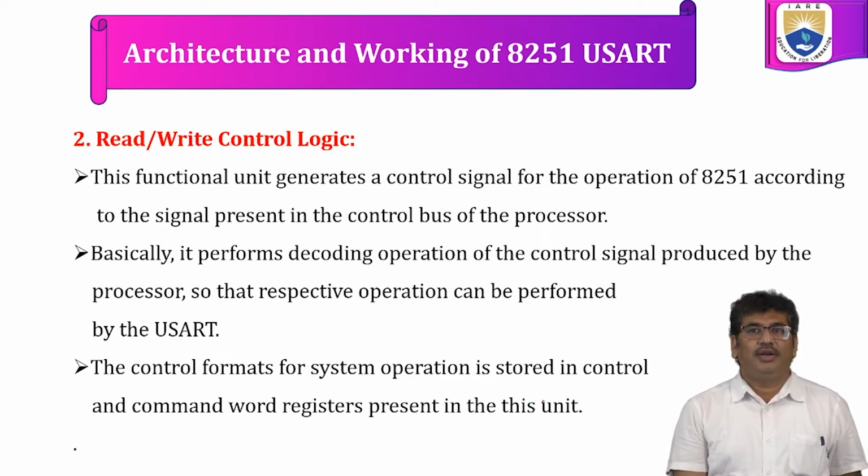Basically, it performs a decoding operation of control signals produced by the processor so that the respective operation can be performed by the USART. The control formats for system operation are stored in the control and command word register present in this USART.